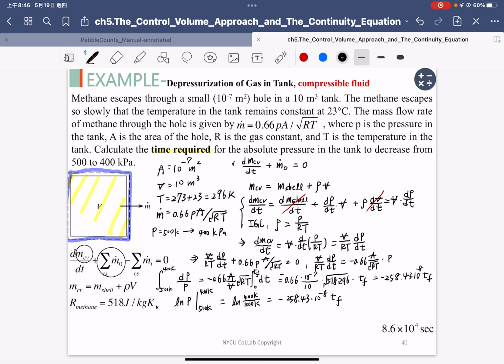So we can compute how large the TF is in this formula. So again, I use my calculator to check the answers.